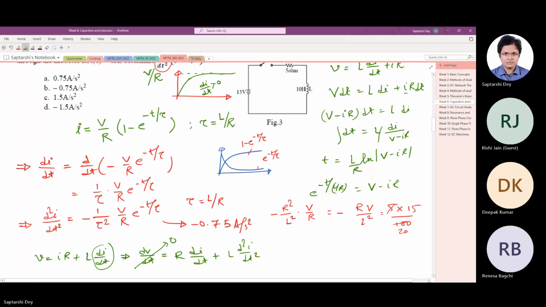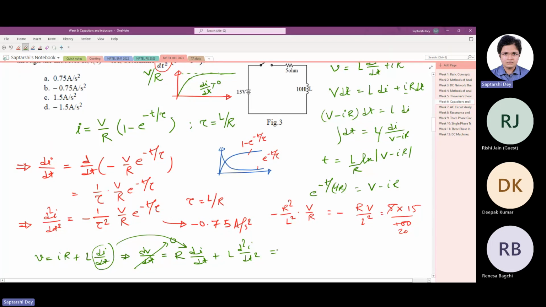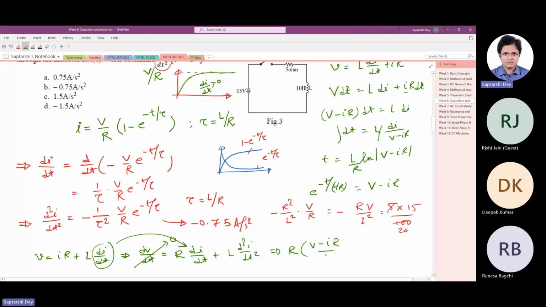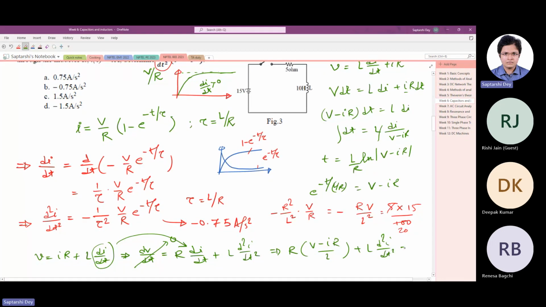So di dt is V minus IR by L. So it becomes R times V minus IR by L plus L d2i dt2 equals 0. From here also you can directly find out what is asked in the question. Okay, any doubt in the question? Easy question. We'll go to the next.